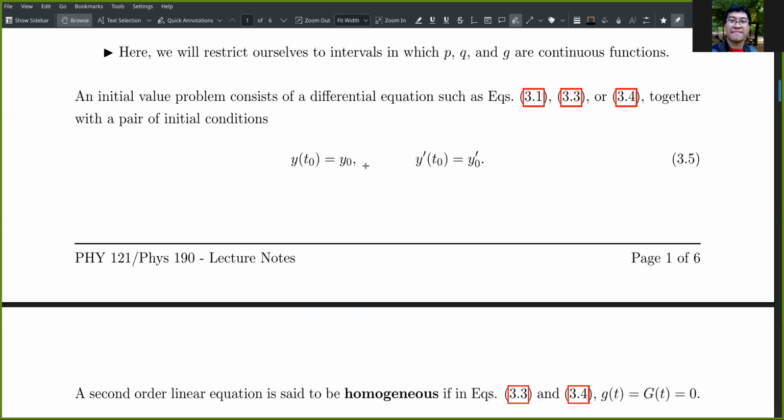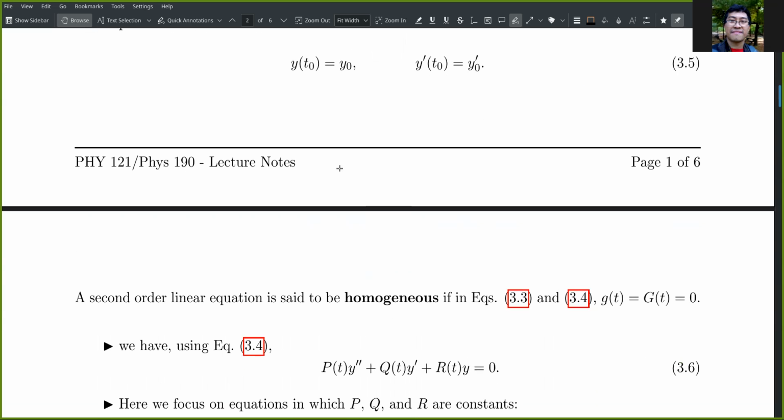We need two initial conditions because for a second order differential equation there would also be two integrations involved.